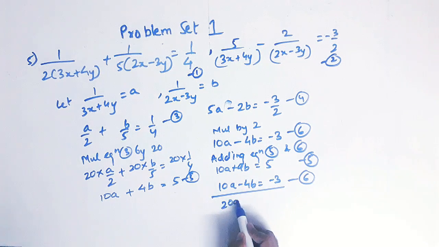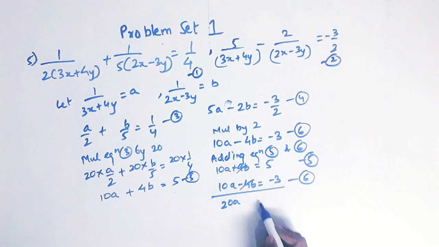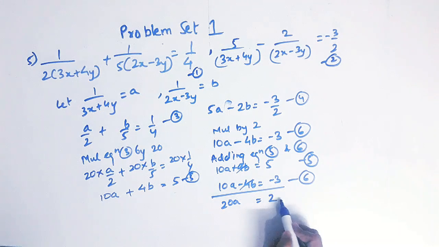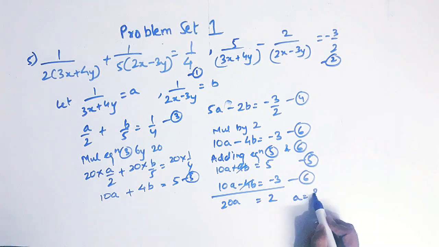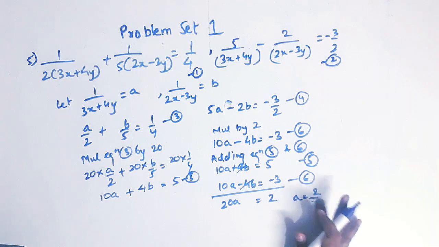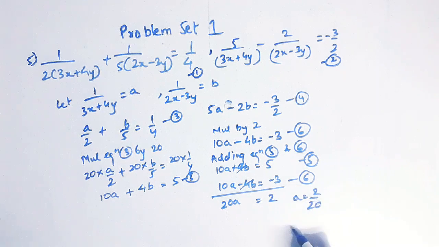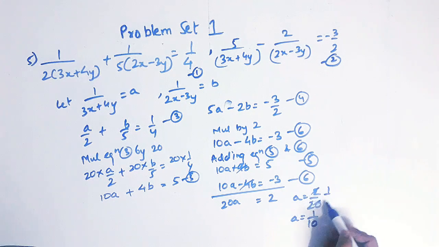This becomes 20a, plus 4b minus 4b is 0, and 5 minus 3 is 2. So a is equal to 2 by 20. So a becomes 1 upon 10. The value of a is 1 upon 10.